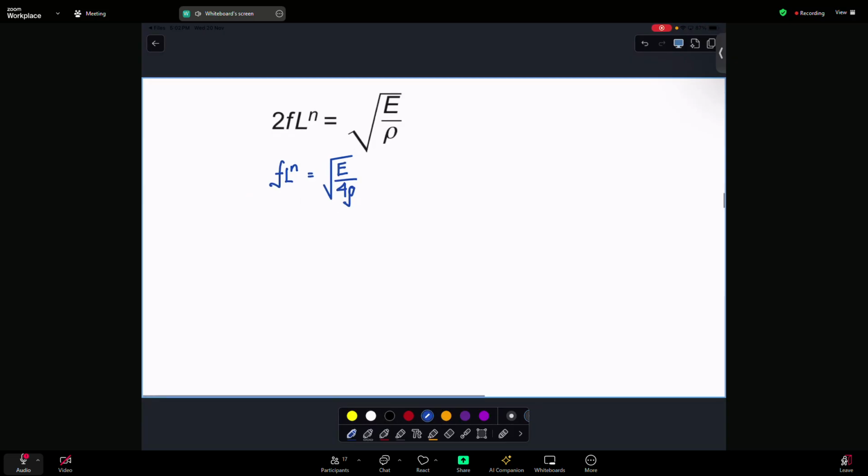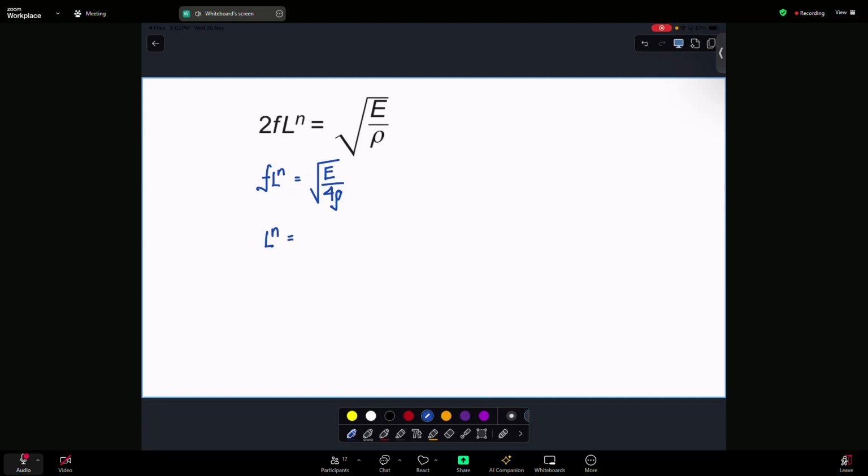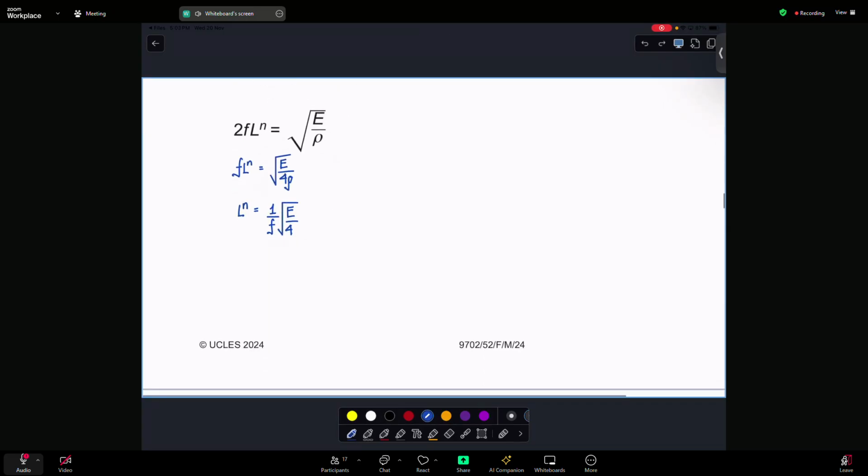Okay, তারপর হচ্ছে, what we want to do is we want to get rid of the exponent there. So I can do this, which is L to the power N is equal to 1 by F root E divided by 4 rho. Do you agree with that much?